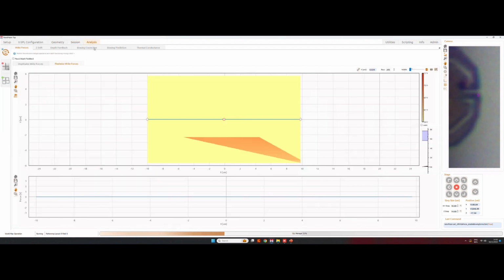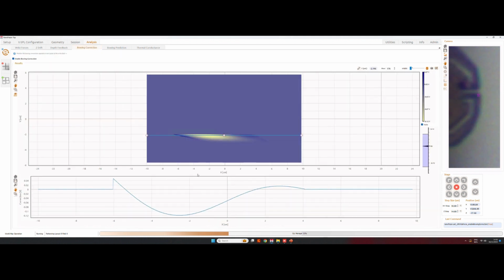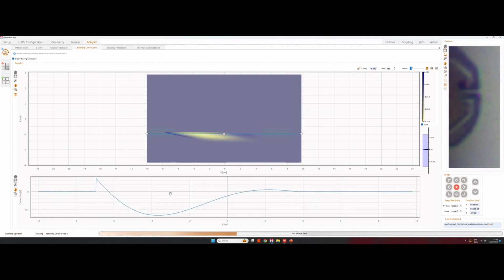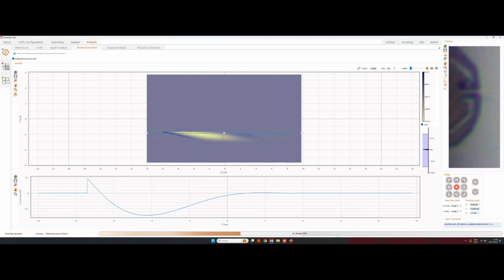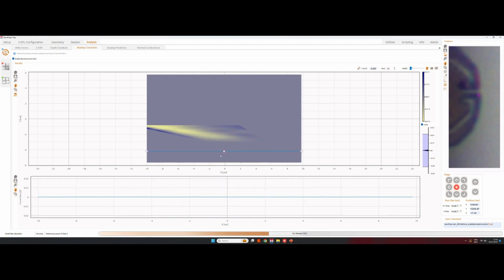We can also see in the analysis panel that as soon as we turn on the bowing correction, we have indeed a voltage that is applied, which changes depending on the geometry. So we see that we apply around minus 0.1 volt from the left, and then it kind of goes back to zero. But before we crossed the bowing correction, we were not, of course, applying any bowing.